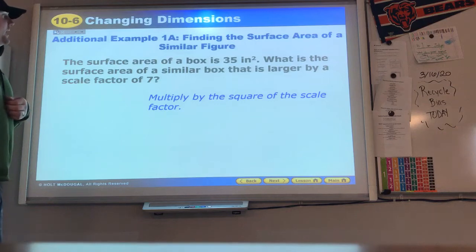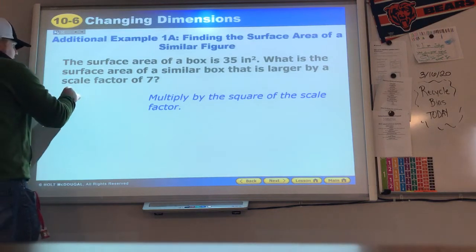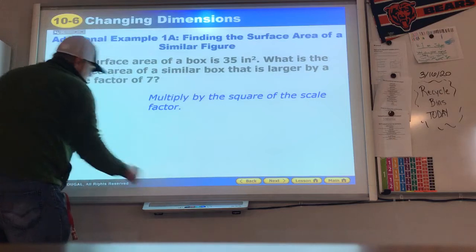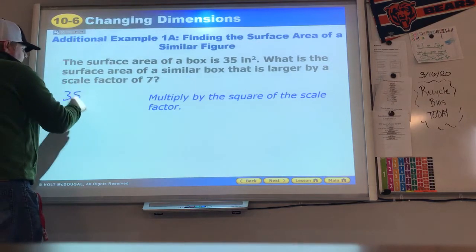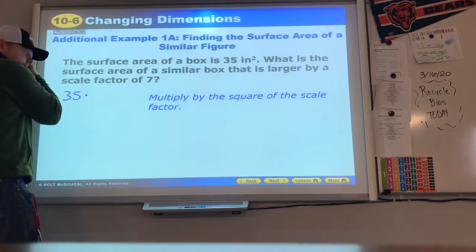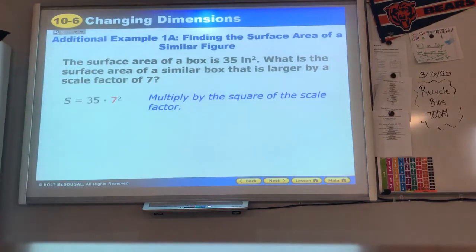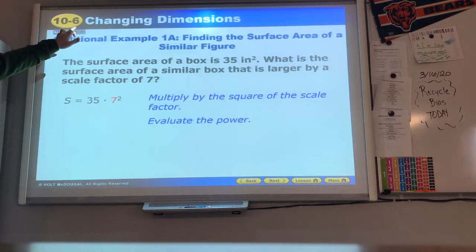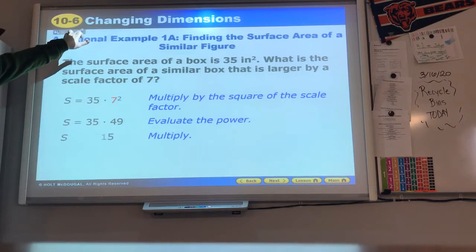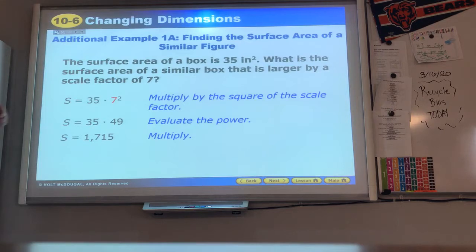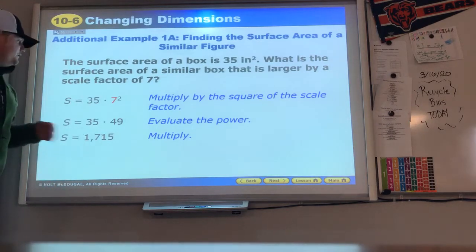So we would take 35 times 7 squared. Evaluate the power, do the multiplication. And with the 7 being the multiple of each side, it's going to be a much, much larger change for the surface area.